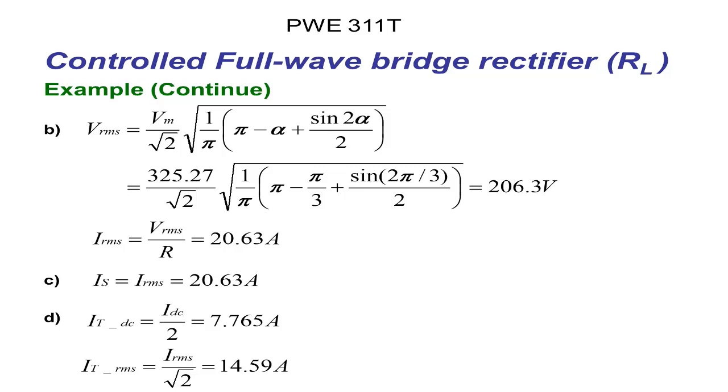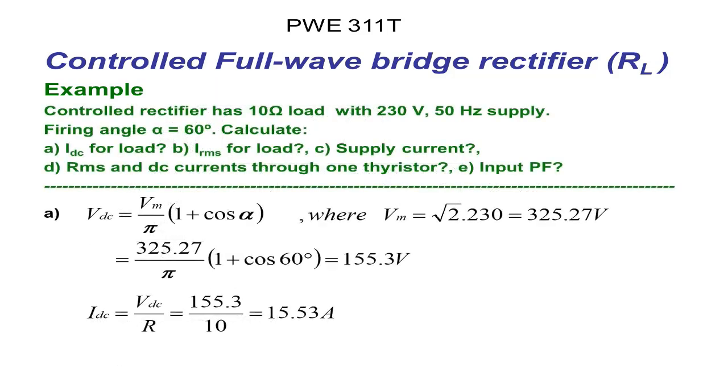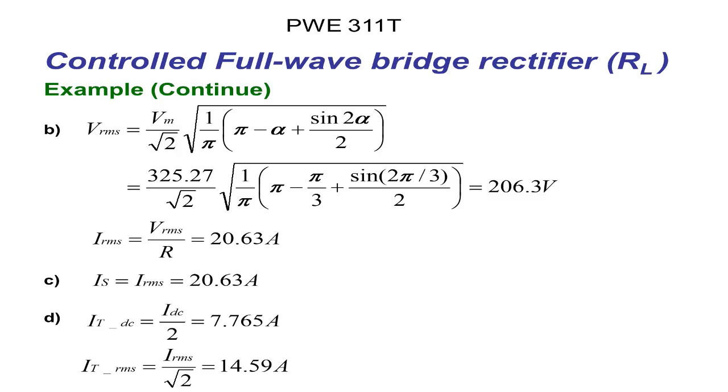Okay, so now we can calculate IRMS, which is VRMS over R, that is 206.3 divided by the resistance, which is given to us as 10 ohms. Once you divide 206.3 by 10, it will give you 20.63.